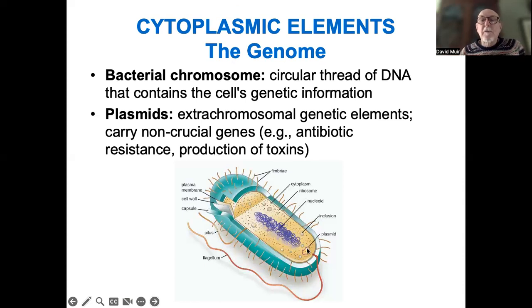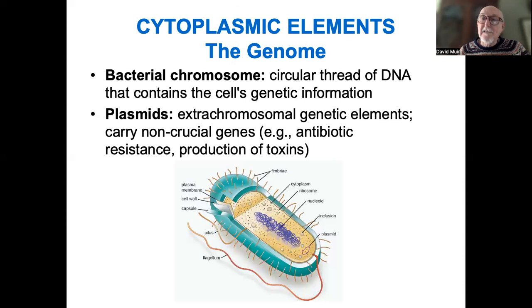There may also be little circles of DNA in addition to the chromosome called the plasmids. And plasmids are very useful because they often carry useful information conferring on the bacterial cell the ability to resist antibiotics, to produce toxins, various other things as well.